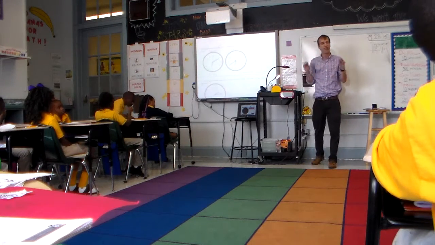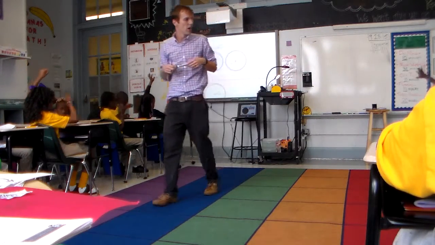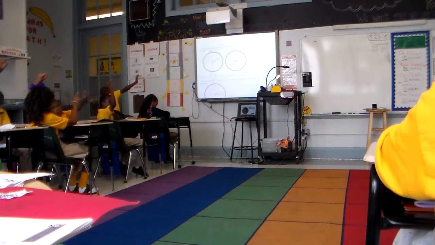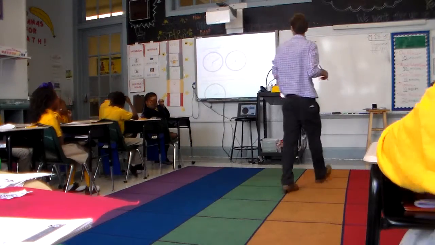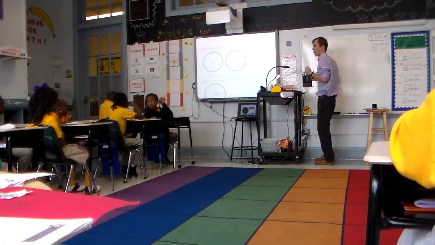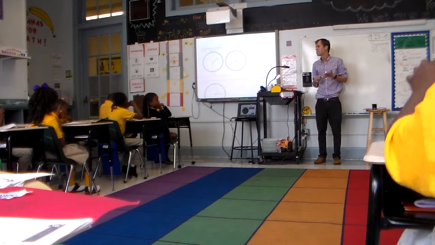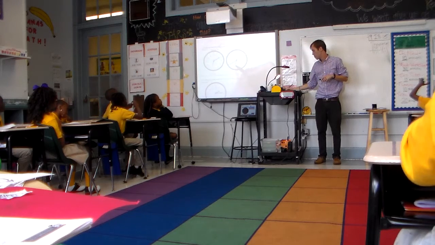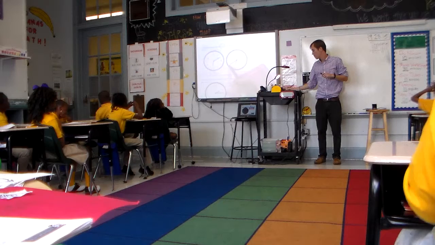What time does he finish eating? Hands in 3, hands in 2, hands in 1. Paris, what time does he finish eating? 6:40. How do you know, Paris? The hour is in between the 7 and the 6, and the minute hand is at the 8.